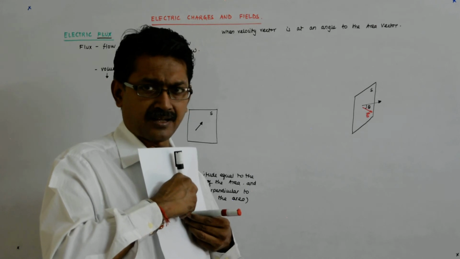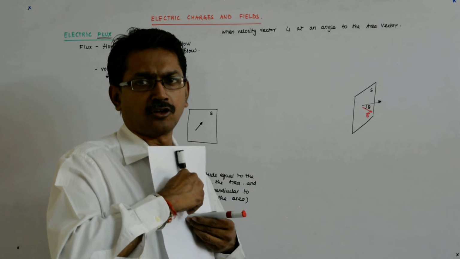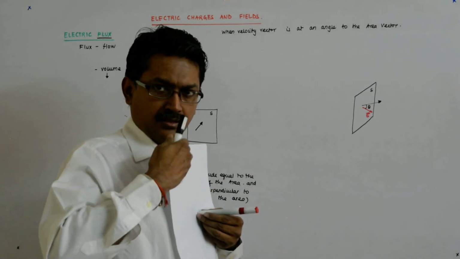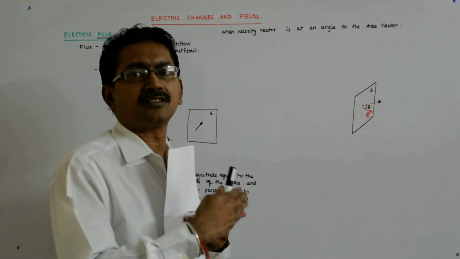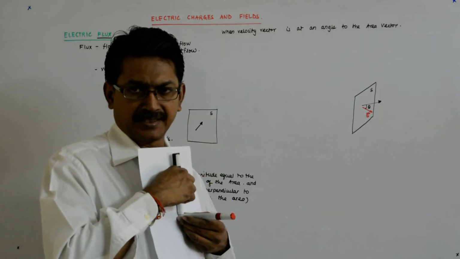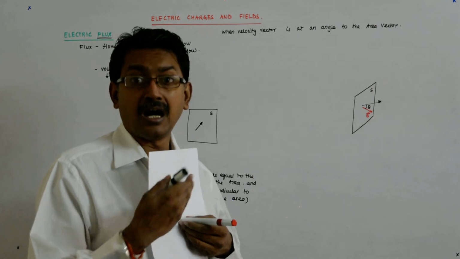Correct? Now this v sin theta component, just like water moving on the face, is not moving across the area, right? So the v sin theta component is simply not contributing anything to the flow across this area.